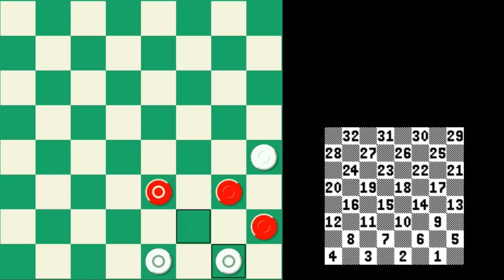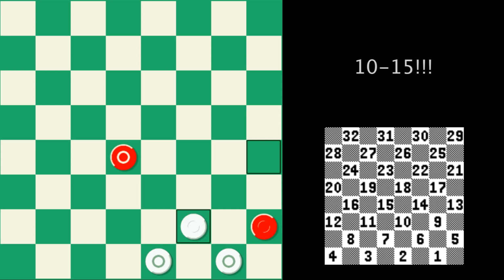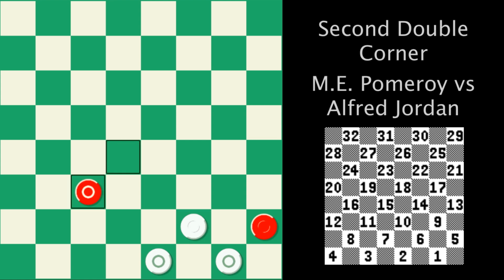Now instead of moving 9-14 next, Red is going to smother the White pieces by waiting with 10-15. White captures, and then moving on to square 11. White has nowhere else to go except for to allow the double jump.